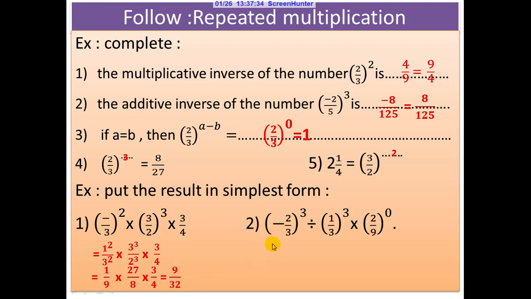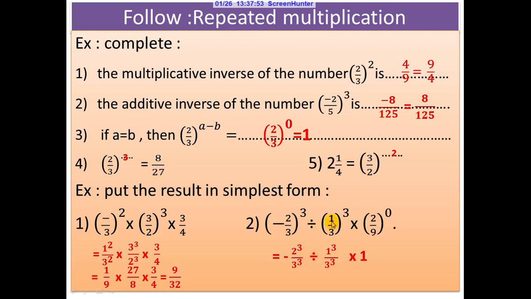Let's see number 2. We have here an odd power, so we keep the negative as it is, and by distributing power 3 above numerator and denominator, it will be equal to negative 2 raised to power 3 over 3 raised to power 3.